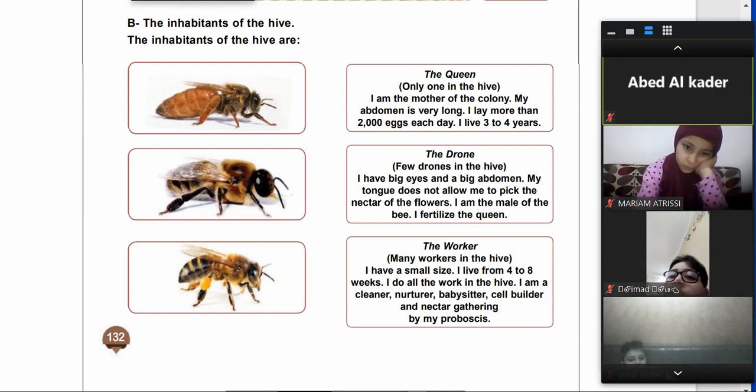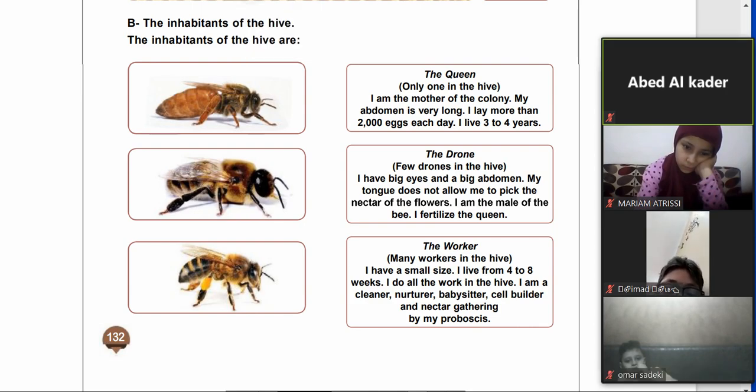Let's recognize their properties. But before that, who can remind me what the number of bees inside a hive is? Please remind me of the number that we said before. What is the number of bees that a hive contains?